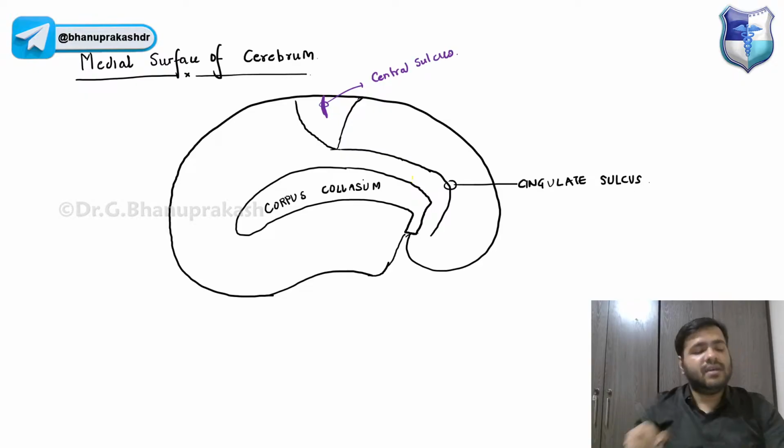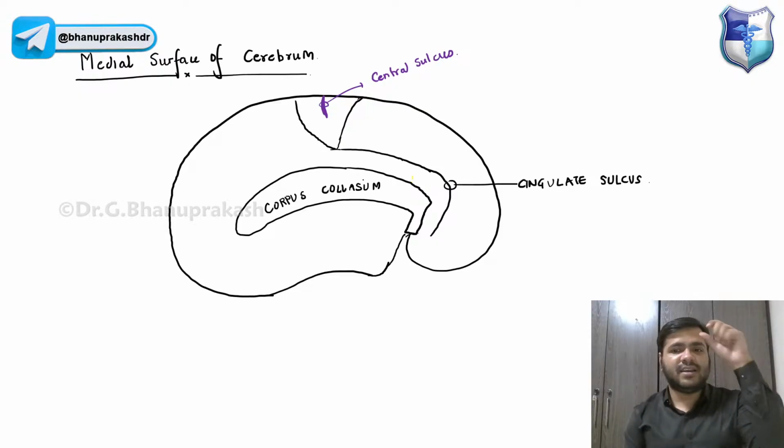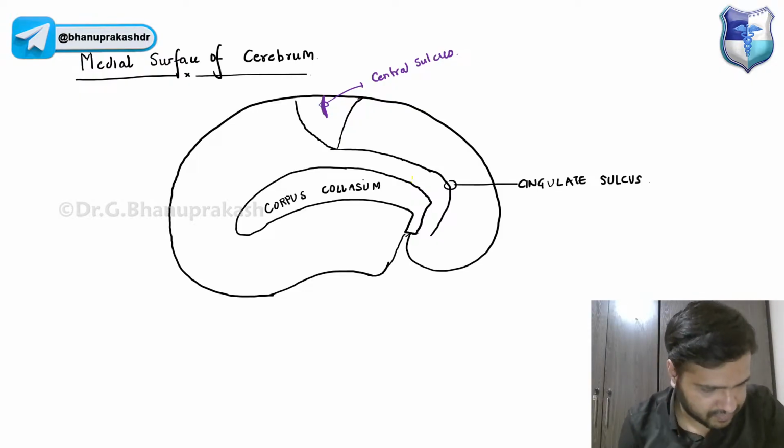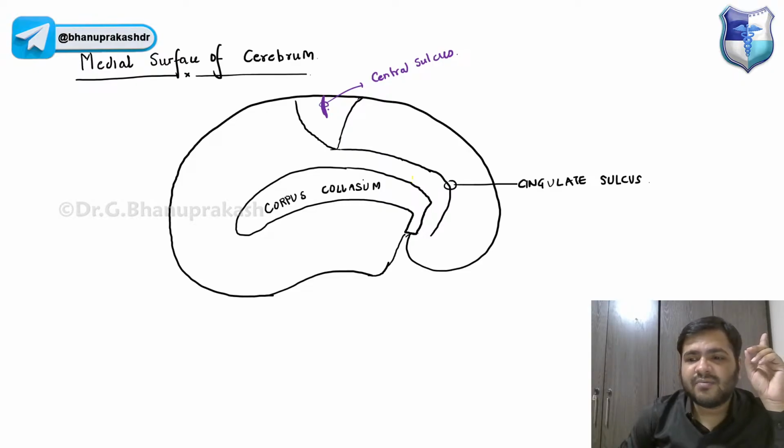There is a little bit of projection which you can see on the medial surface also, right? The central sulcus is basically present on the superolateral surface, we have already discussed, but a very small projection is seen on the medial surface.